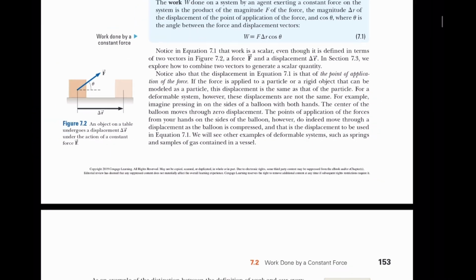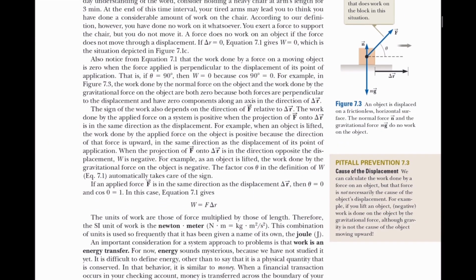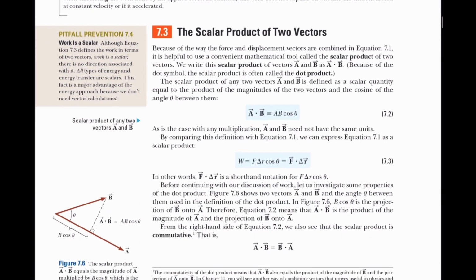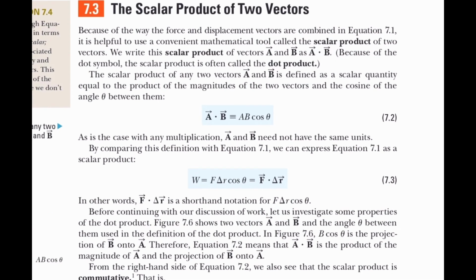I think in this chapter they also give a brief explanation of the dot product. The scalar product of two vectors, section 7.3. So here it is. I'm going to just read out this section. Because of the way the force and displacement vectors are combined in equation 7.1, where work equals force times distance times cosine of the angle between them, it is helpful to use a convenient mathematical tool called the scalar product of two vectors, or dot product.